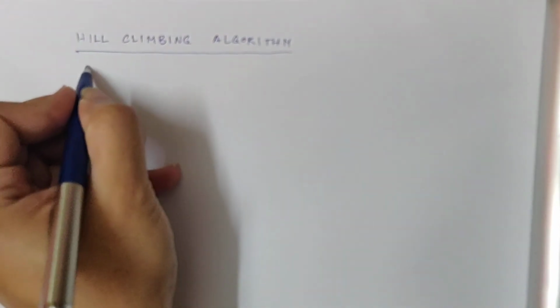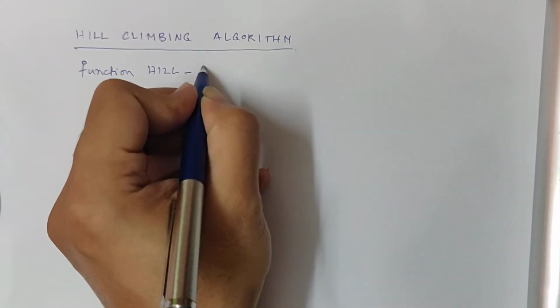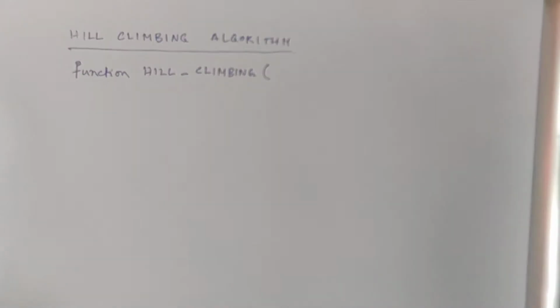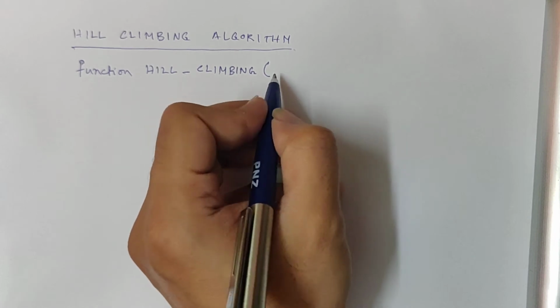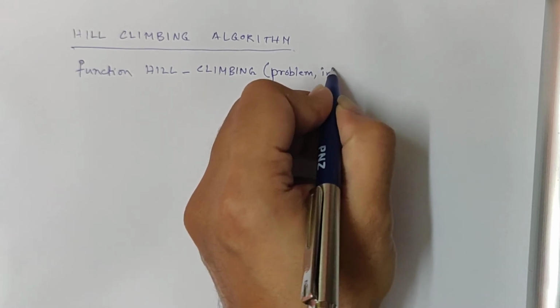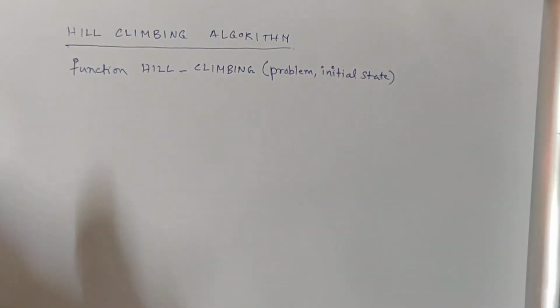How does the search go? I will have to pass the hill climbing function a problem and an initial state from which the search will start, and it will return a state that is a maxima or a minima according to the task that is required.